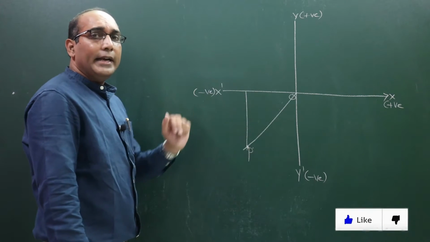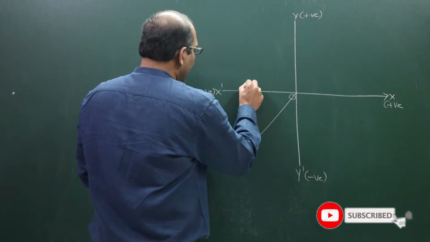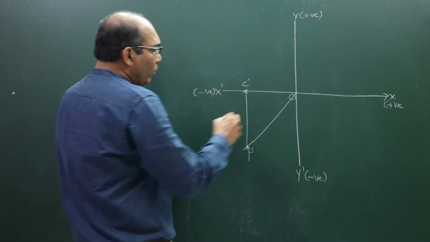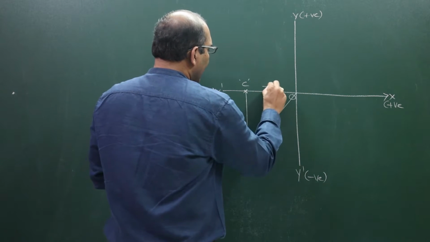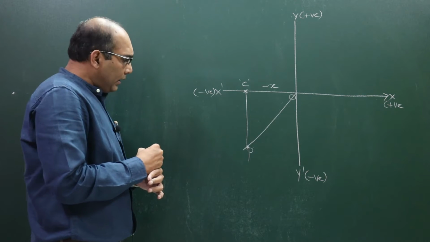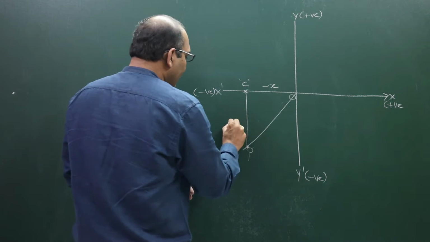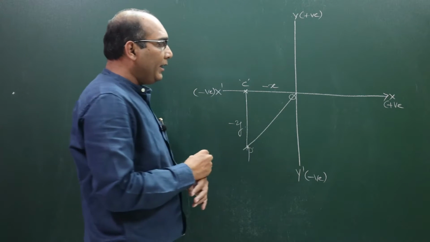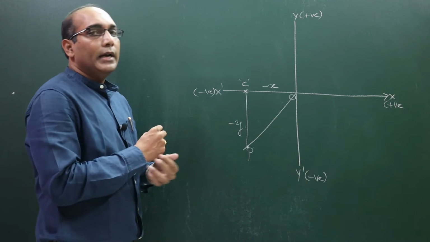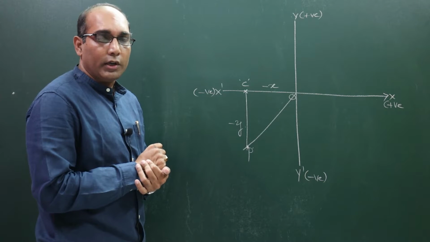Here, on the negative x-axis, let this point be C. Let OC be negative x again, and PC will be negative y, because here x is negative and y is also negative in the third quadrant. Now it's clear, right?